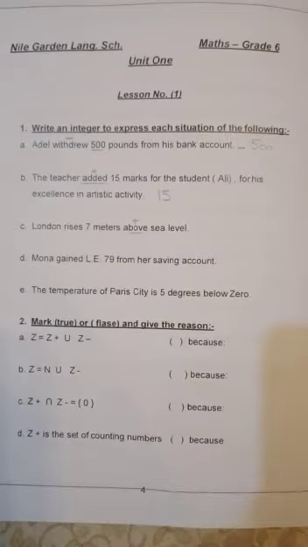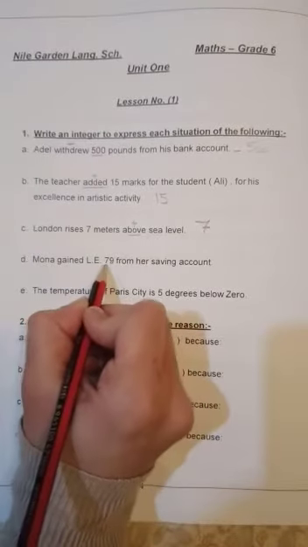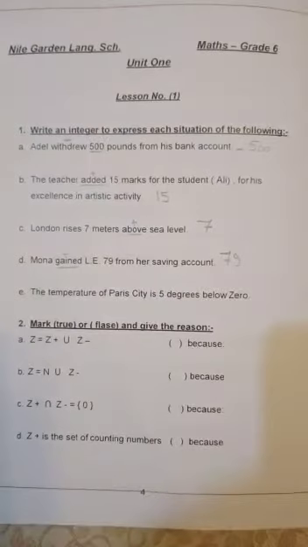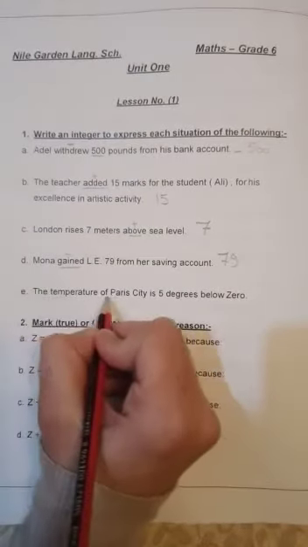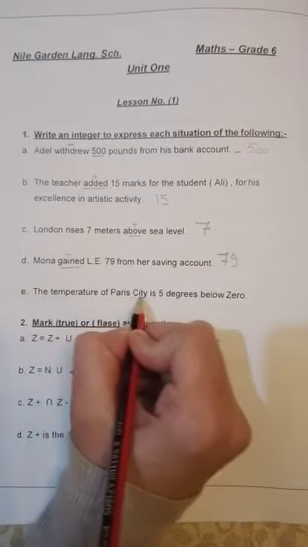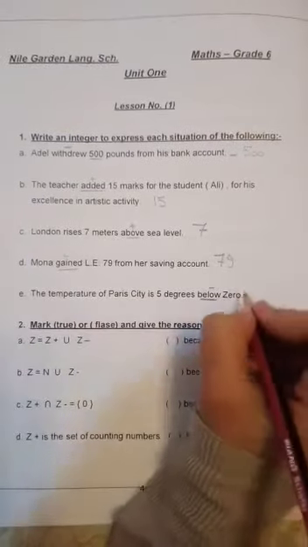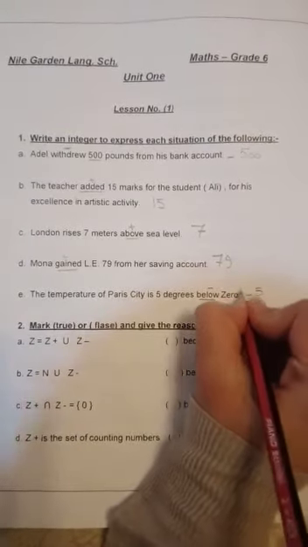Add is positive, withdraw is negative. Mona gained 79. Gained means positive, 79. The temperature of Paris city is 5 degrees below. Below means negative, so we will put negative 5.